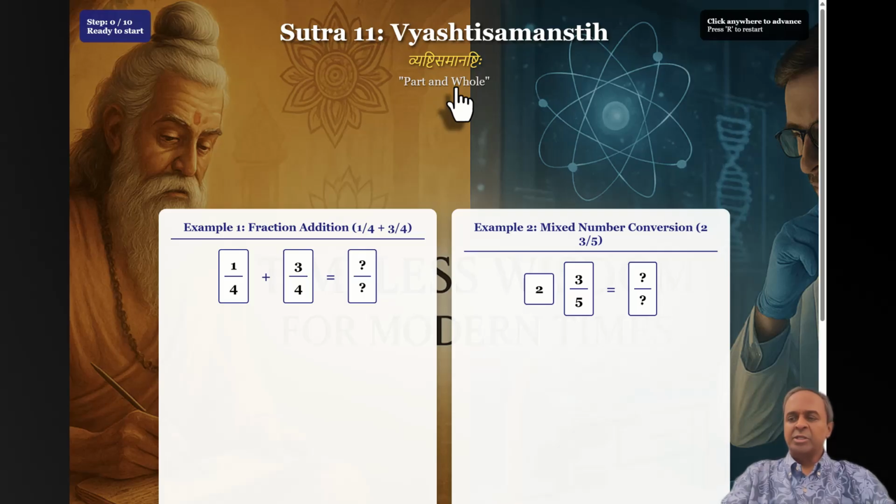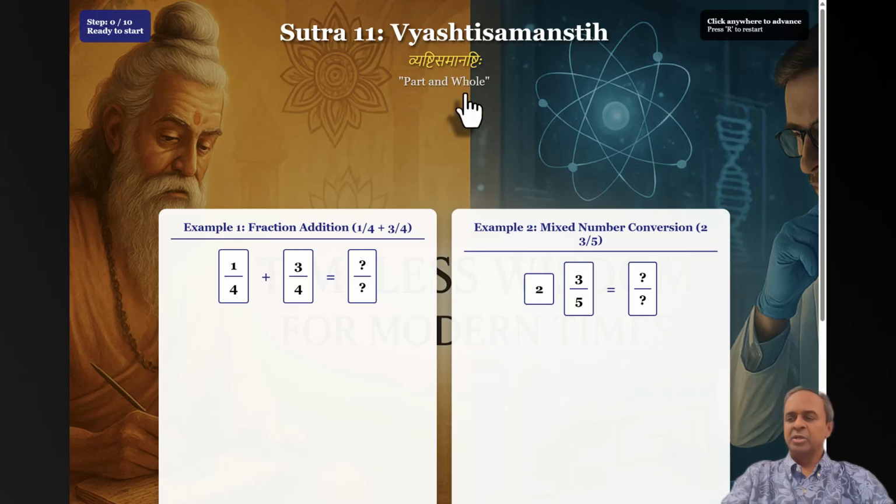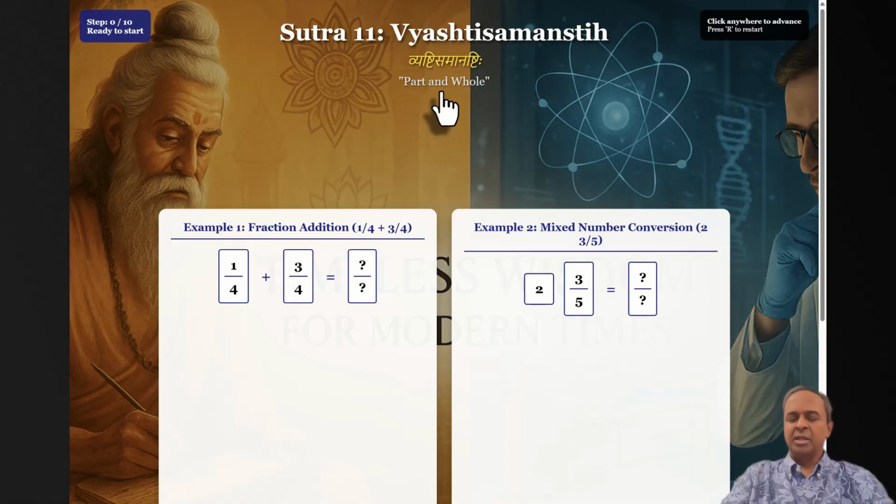So, today we'll explore this sutra, which basically just means part and whole, right? So, this sutra is a philosophical principle that encourages us to see the relationship between the individual parts and the universal whole. Okay.